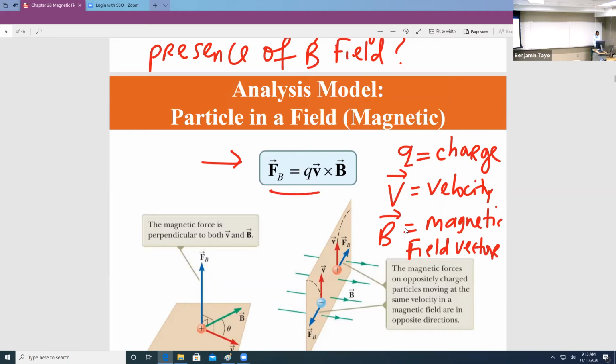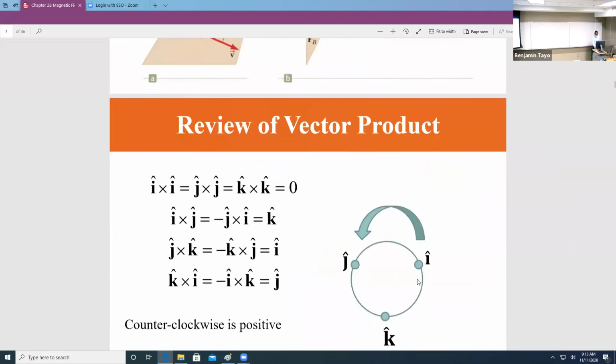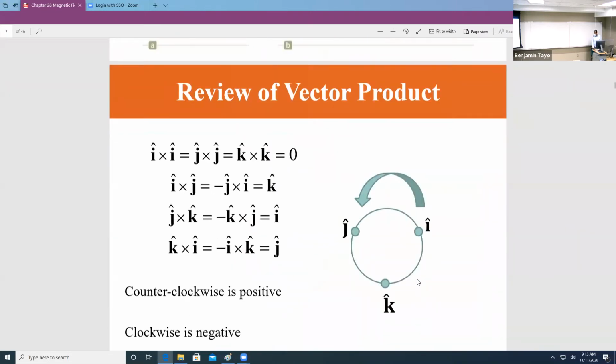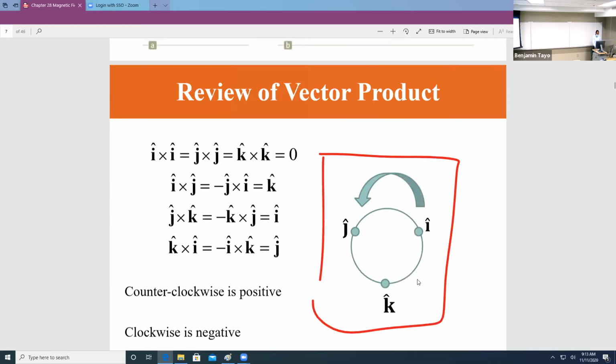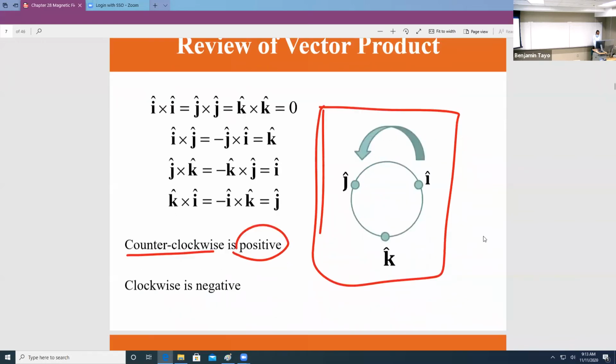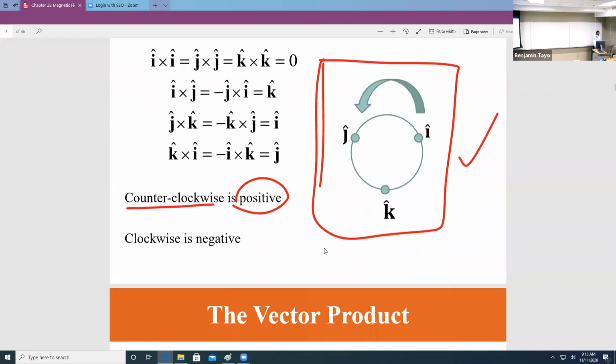We need to calculate this by taking the cross product. Let me go over this real quick. I gave you a simple way to remember this: if you remember this picture here, going counterclockwise is considered a positive direction, and clockwise is negative. So going from I to J, then we have all these equations. I guess you guys can do that because we've done some examples.